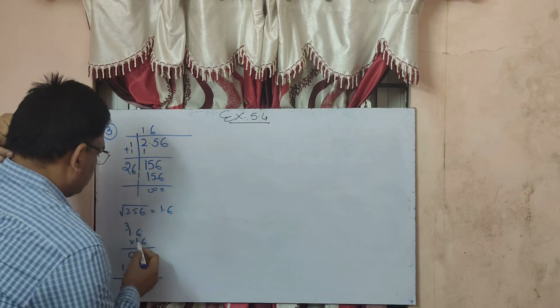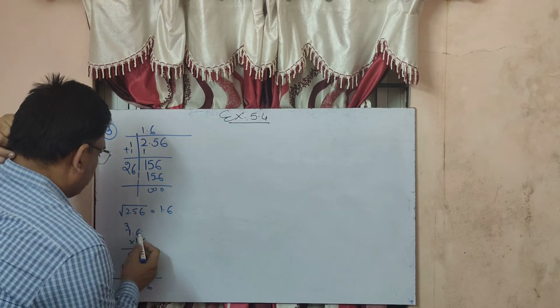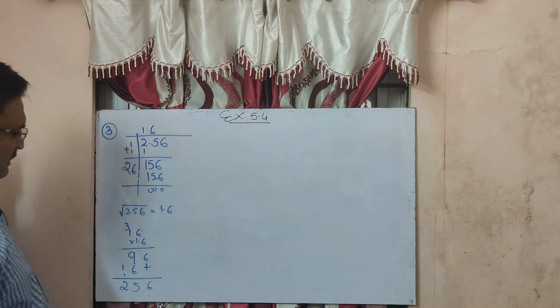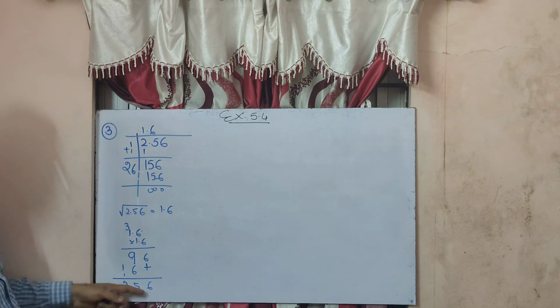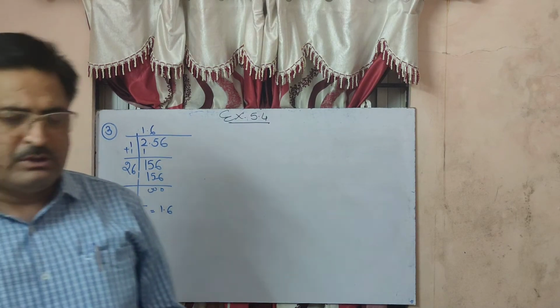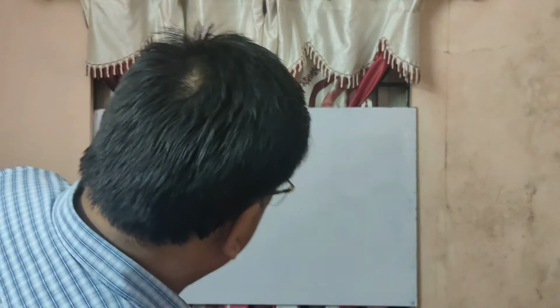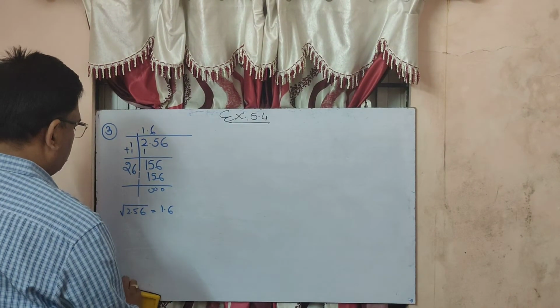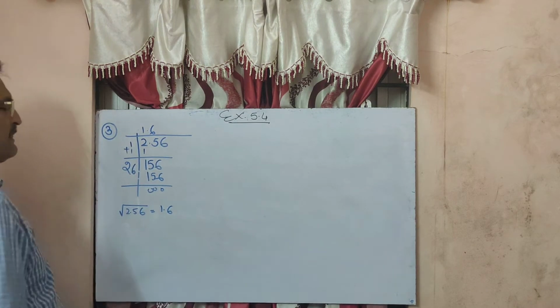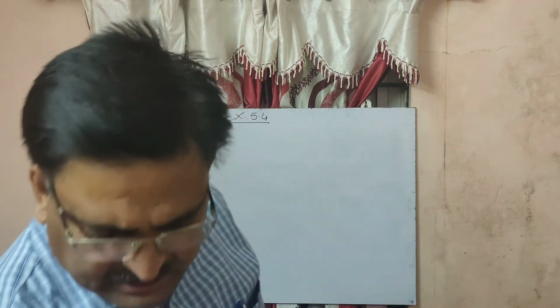Okay, now? So here after point one number, after point one number. So totally after point how many numbers? Two numbers. 1, 1, 2 here. So this is 2.56. This is how you can recheck, you can verify whatever you have done is perfectly alright or wrong. So now let us do another example.